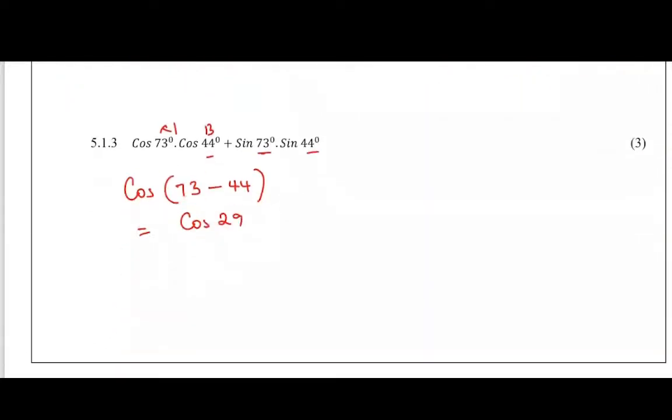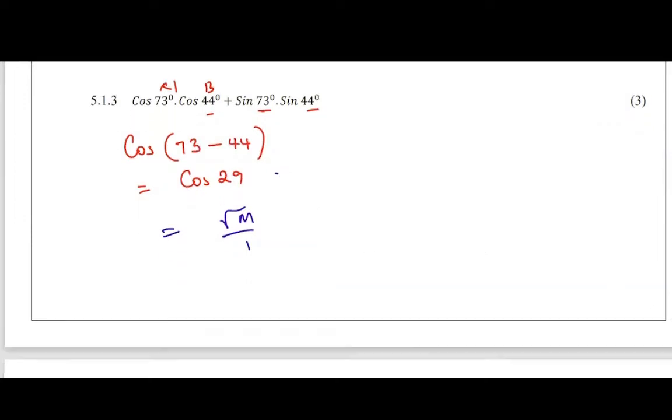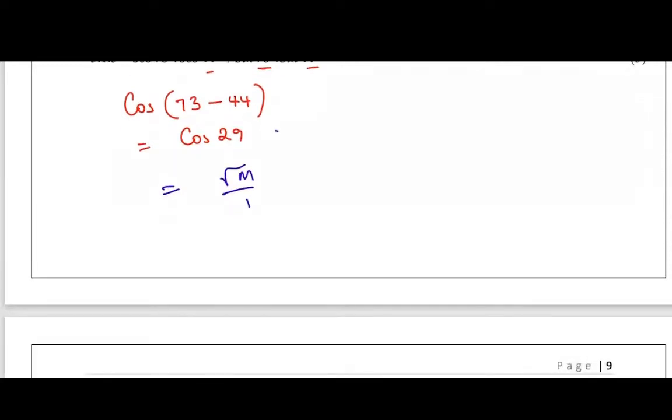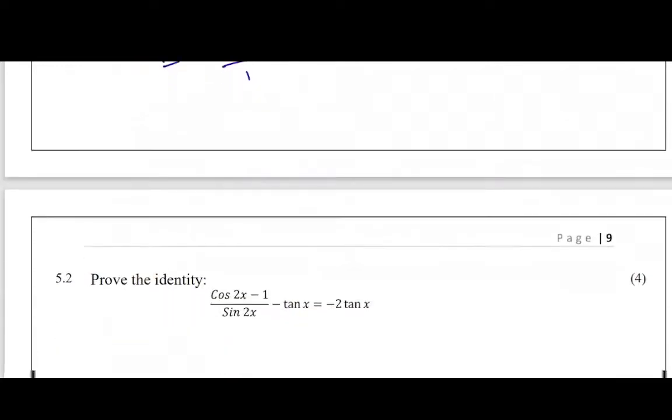So that's going to be just the root of m over 1. Okay, because we know that cos of 29 is the same as the sine of 61. They are complementary angles. Okay, so that is 5.1.3.